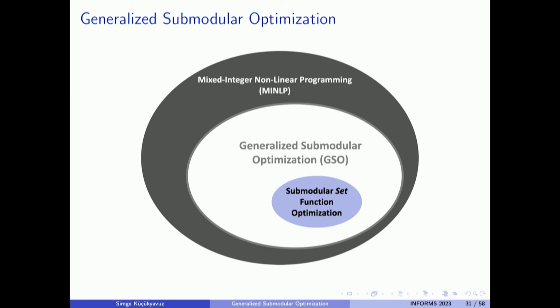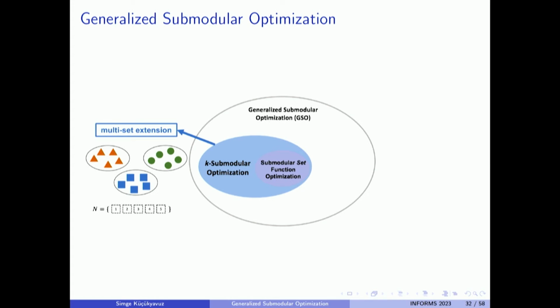So again, if you want to think about where the submodular functions and generalized submodular optimization fit, classical submodular set function optimization and these multi-set mixed integer extensions are a superset, and in general, mixed integer nonlinear programming is a superset of this. So we're looking at very specific mixed integer nonlinear functions here. All right, so these multi-set functions have a name.